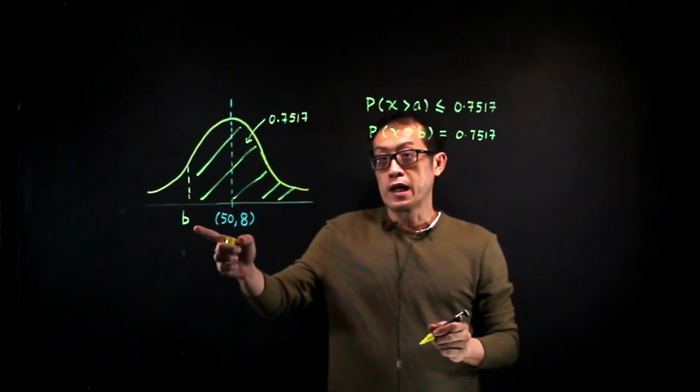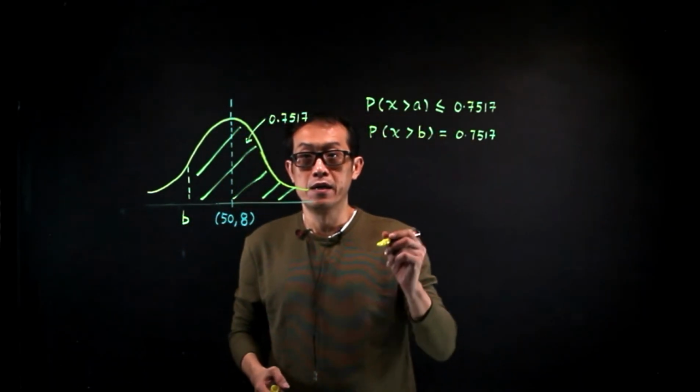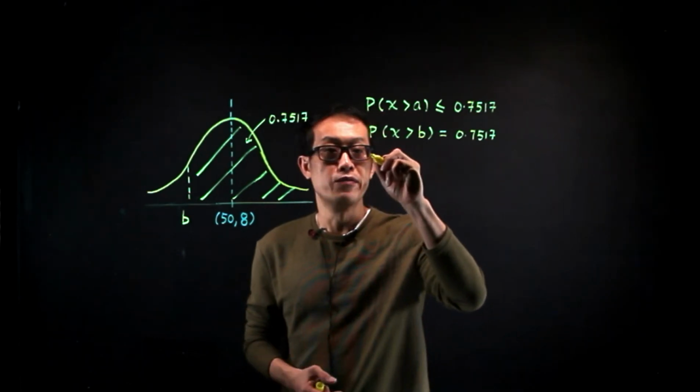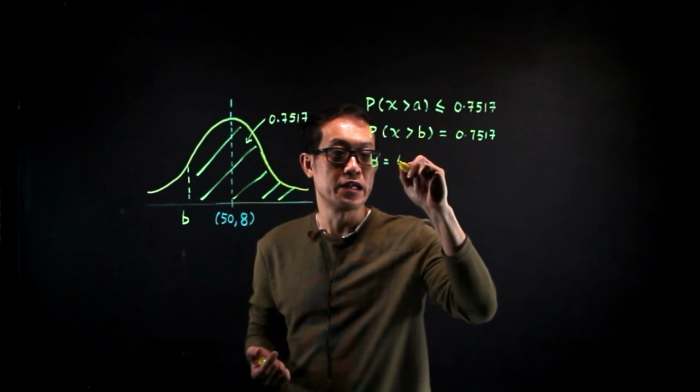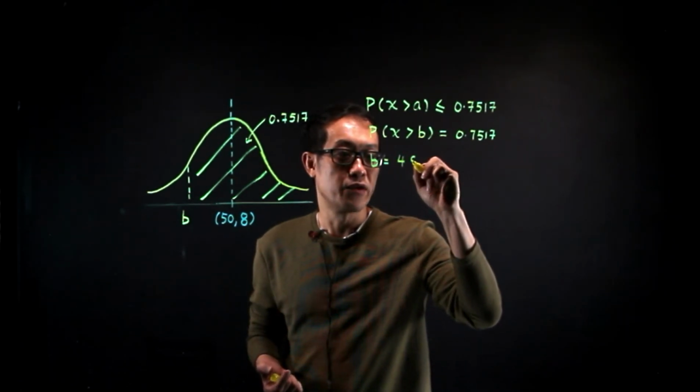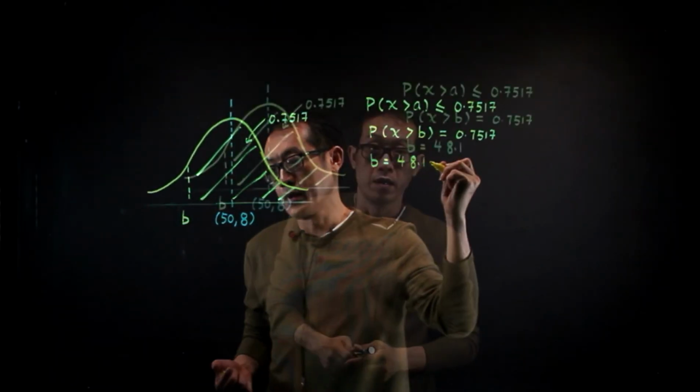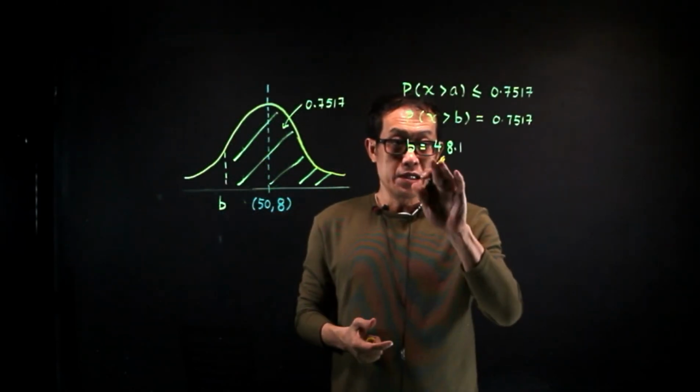Now let's find the value of B. You simply do an inverse normal and you will find that, I will not do that again because we have already done so many times. You will find that B is 48.1.